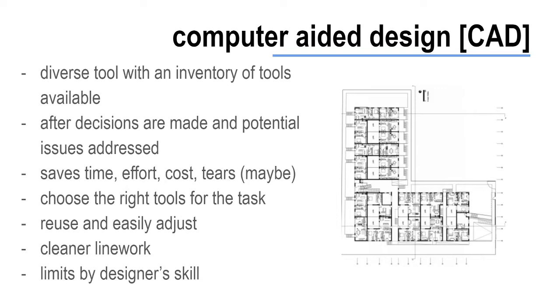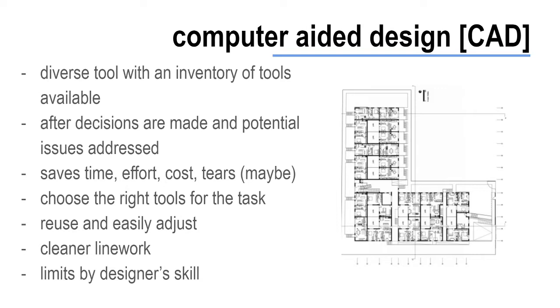With AutoCAD, I can go and copy and make all those changes with a lot less effort, and I can easily reuse things and adjust things if I need to.